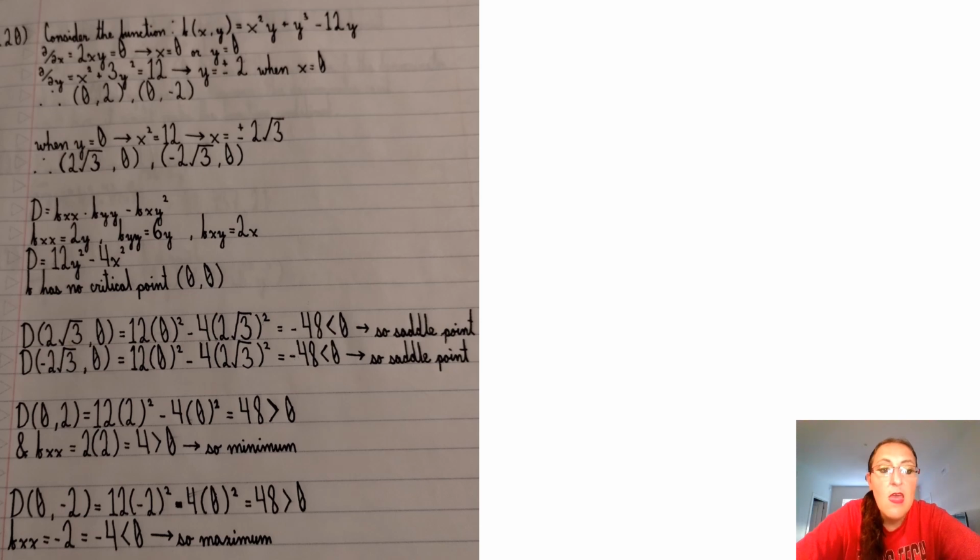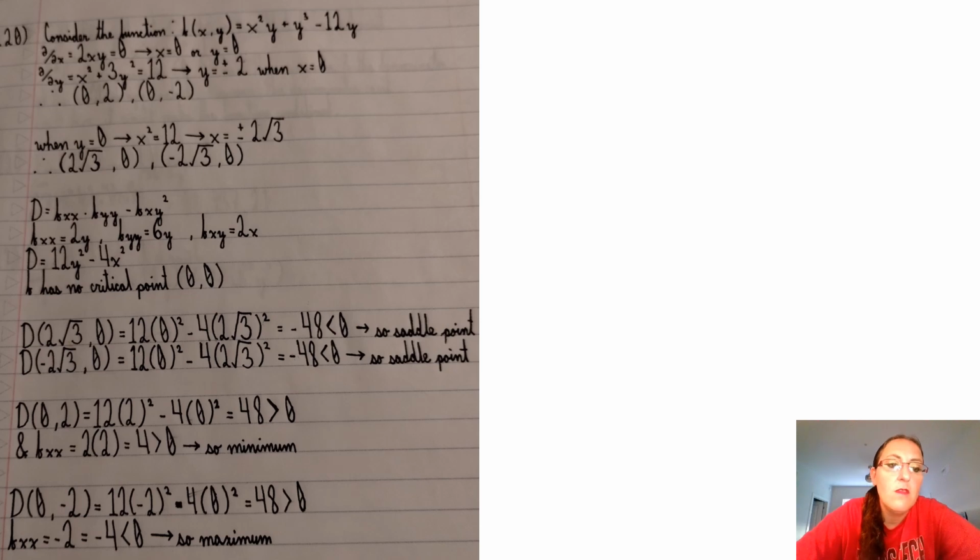D equals f_xx times f_yy minus f_xy squared. f_xx equals 2y. f_yy equals 6y. f_xy equals 2x. So D equals 12y squared minus 4x squared. f has no critical point at (0, 0).